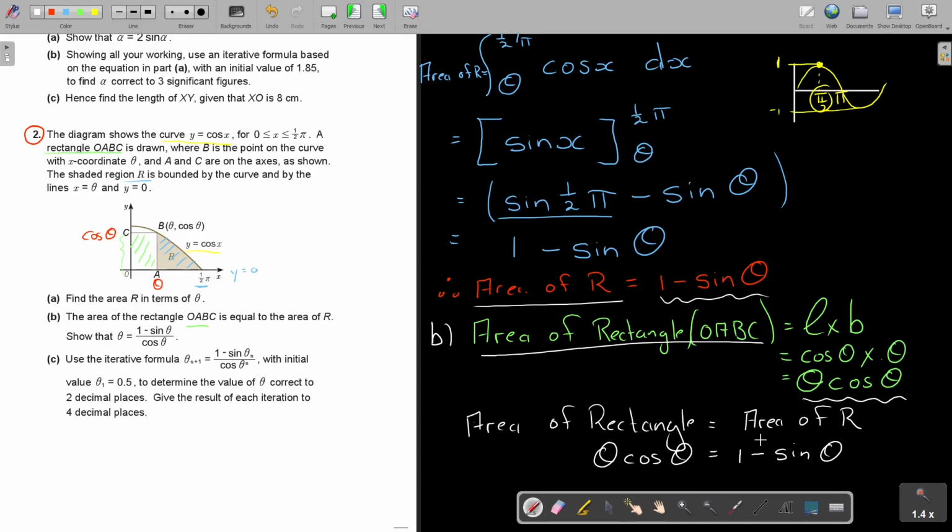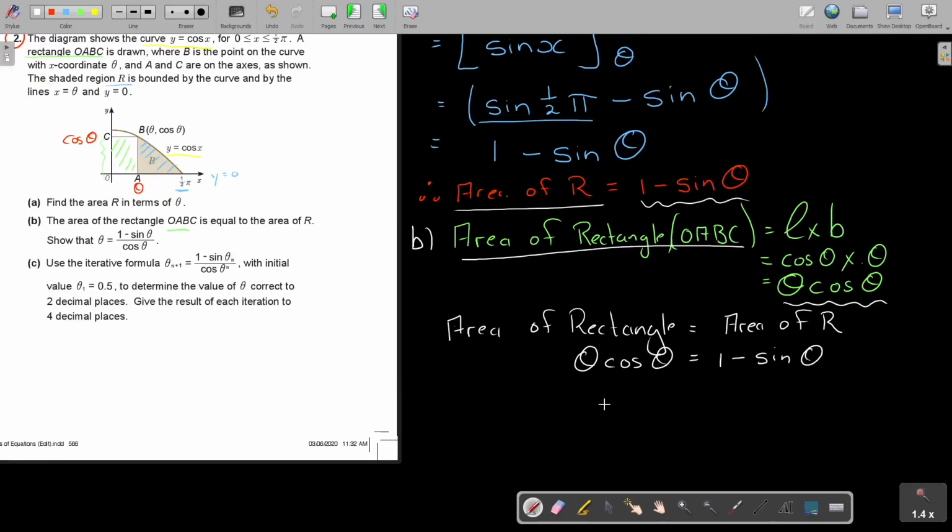And now I can just already start looking there. Basically all that I can do is divide by cos theta. So theta is equal to 1 minus sin theta divided by cos theta. Okay, and that's what I should show.